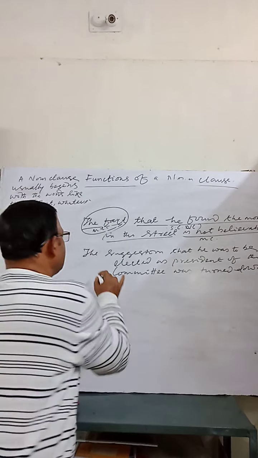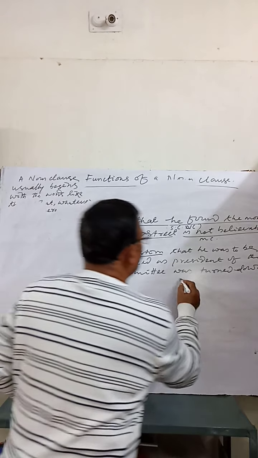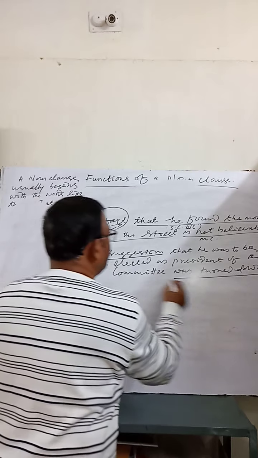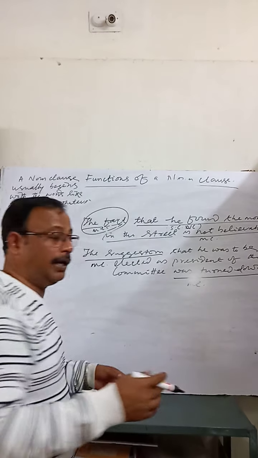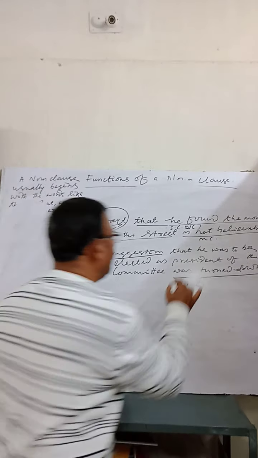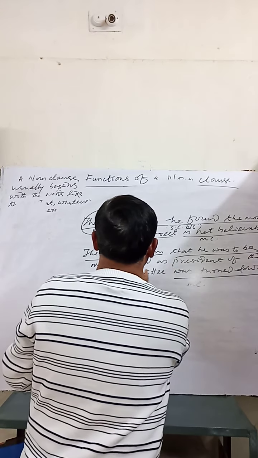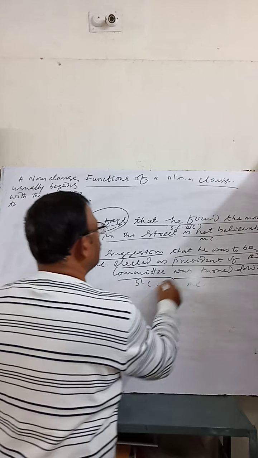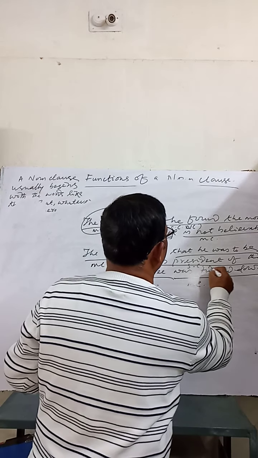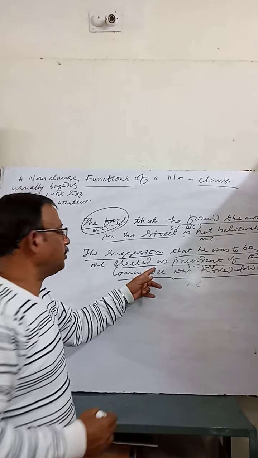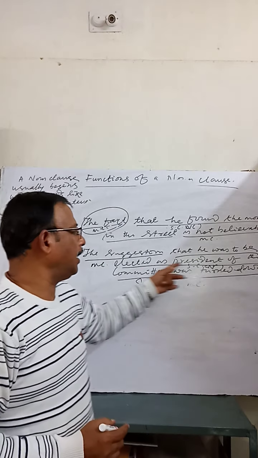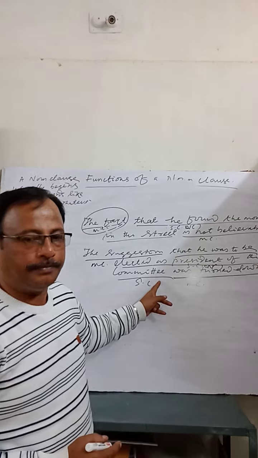The second example, the suggestion was turned down. This one is the main clause. That he was to be elected as president of the committee. This one is the subordinate clause and noun clause. What is the suggestion? The suggestion is that he was to be elected as president of the committee.